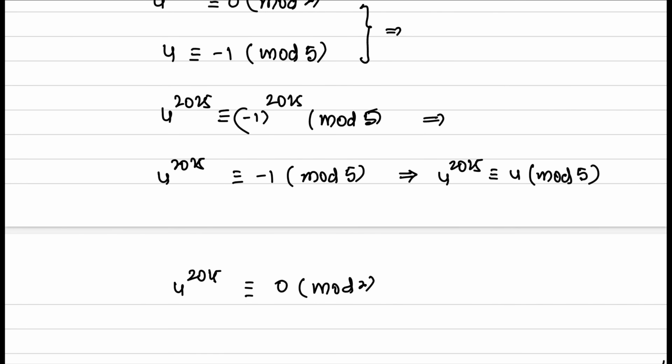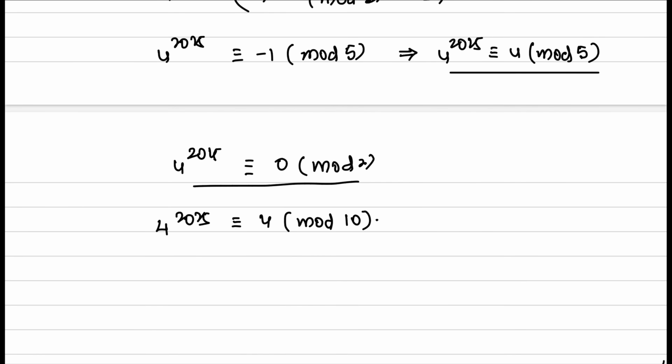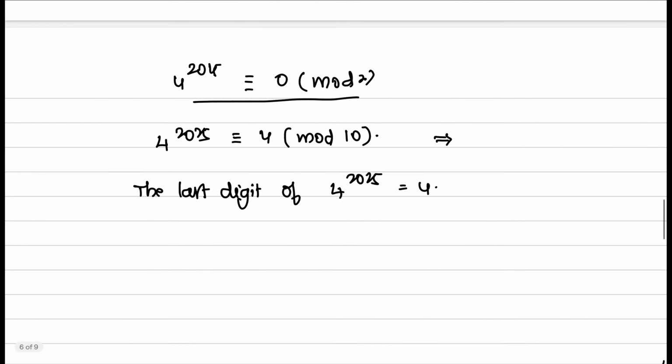Now, we will combine this with this. We can say 4 to the power of 2025 is equivalent to 4 mod 10. Ultimately, we have to get mod 10. That implies the last digit of 4 to the power of 2025 is equal to 4 from this.